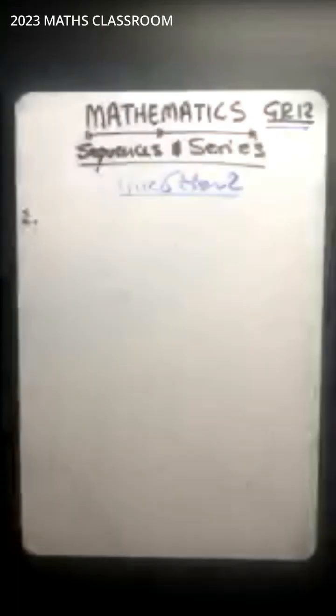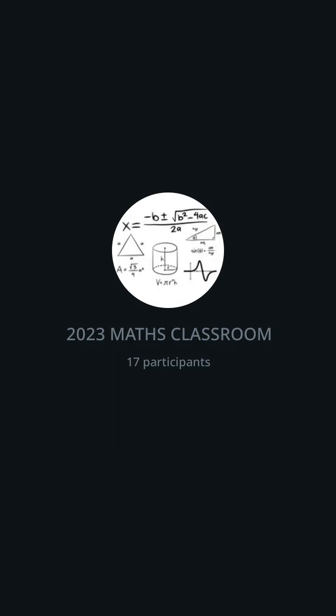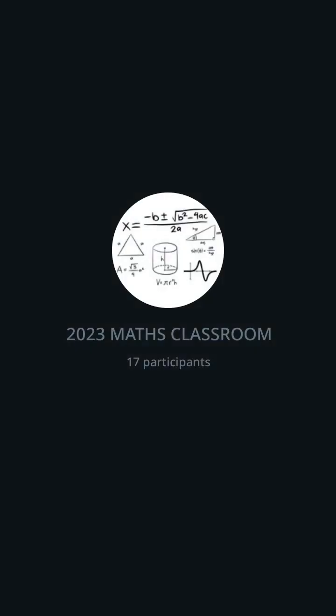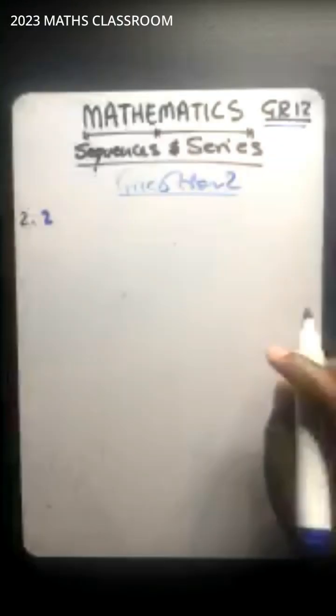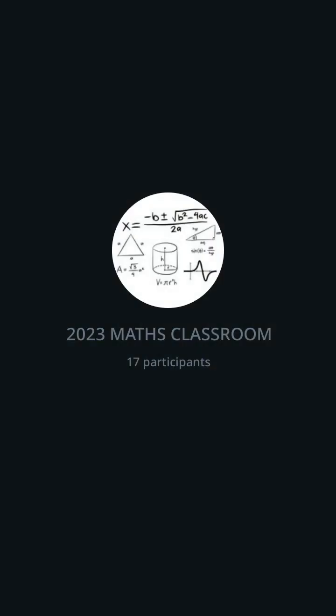Okay, so let's quickly have a look at 2.2. They say, given a geometric sequence, we have 6, negative that, that, and then so on.